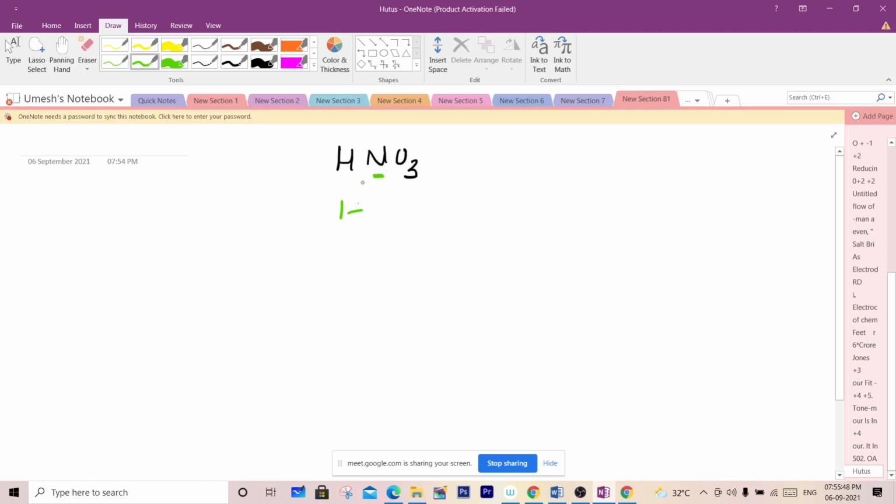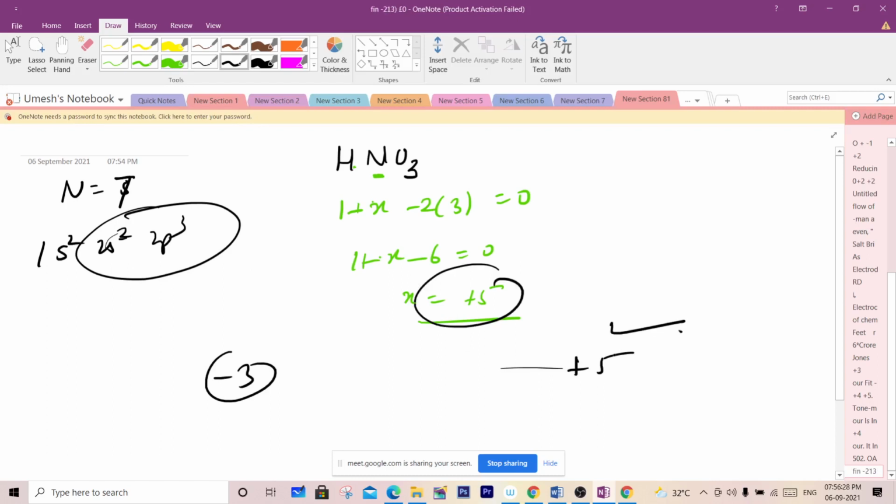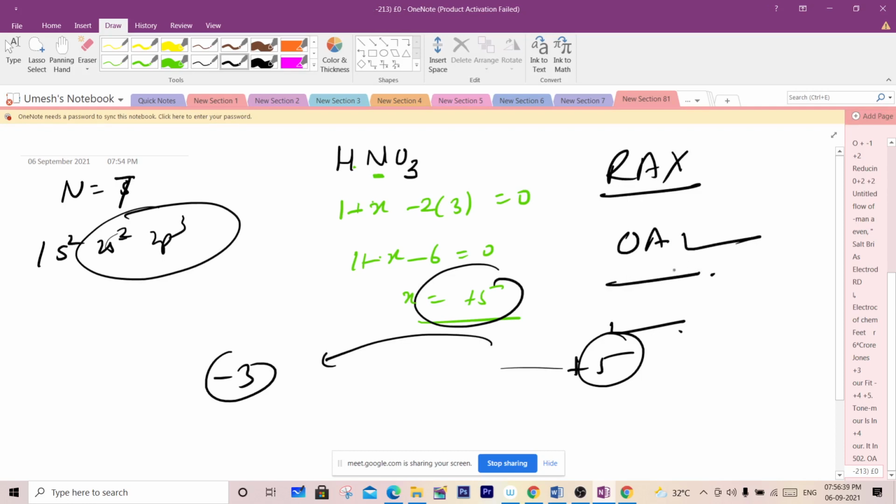I'm asking you. +1 for the hydrogen, X, oxygen is -2 into 3, is equal to 0. So 1 plus X minus 6 is equal to 0, or X is equal to +5. And you can see the nitrogen atomic number is equal to 7. Electronic configuration is 1s2, 2s2, and 2p3. Maximum it can lose is +5. Minimum it can be -3. It is already +5 here. It means it cannot further lose electrons. It cannot act like a reducing agent, but it can gain electrons to become -3. It can act as an oxidizing agent. Am I clear?